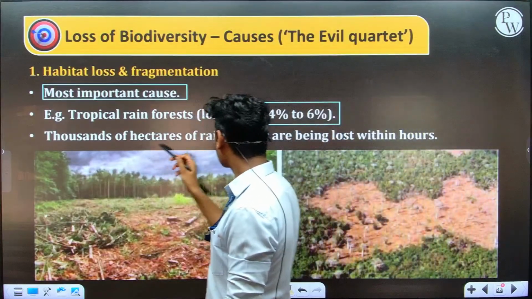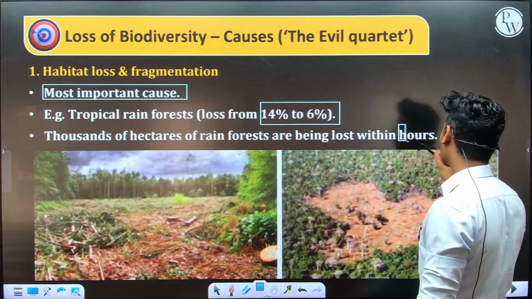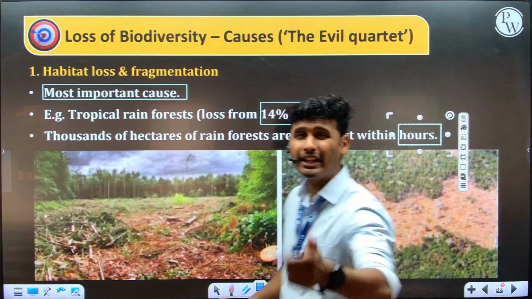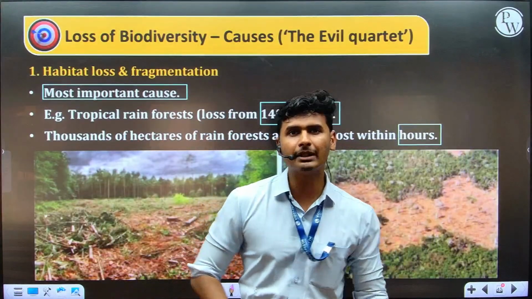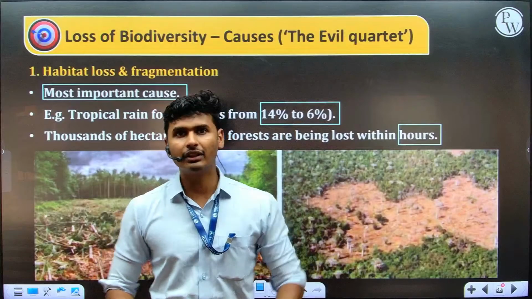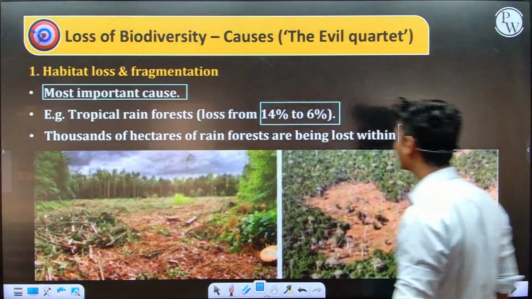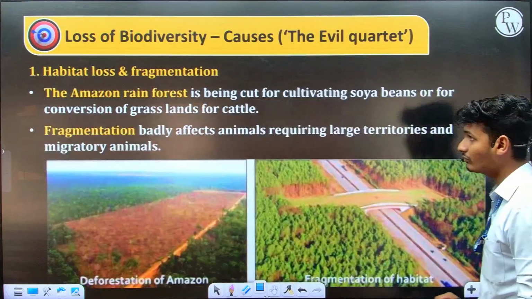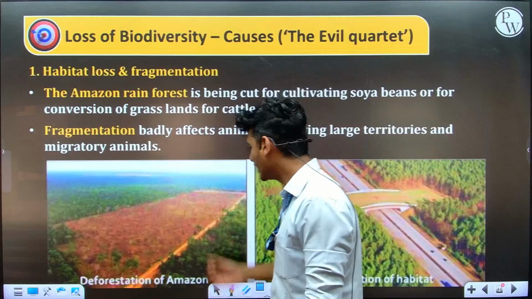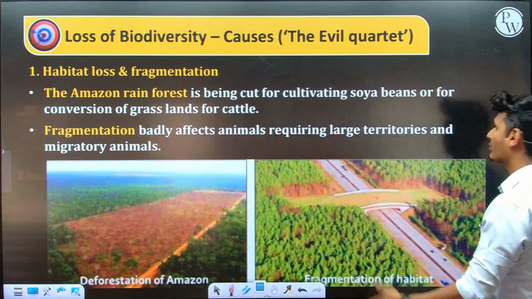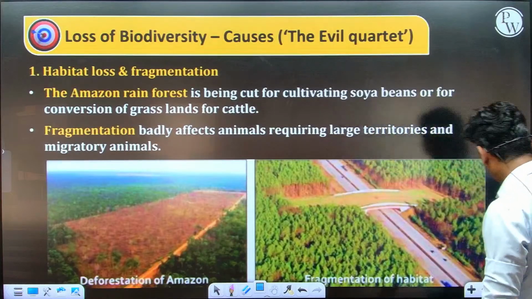Thousands of hectares of rainforest are being lost within an hour. Take this session from 1 p.m. to 2 p.m. In that one hour, thousands of hectares of rainforest are being cut in the world. The Amazon rainforest is cleared for the cultivation of soybean and more, responsible for habitat loss.